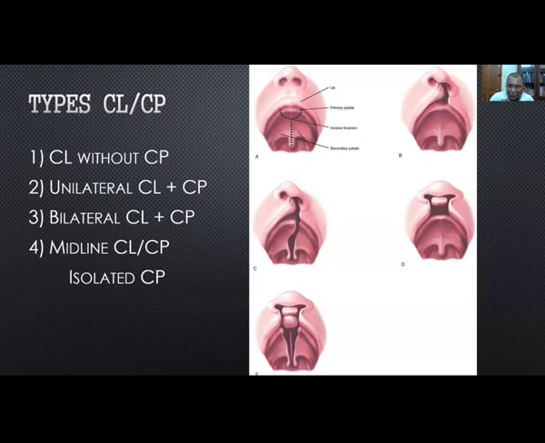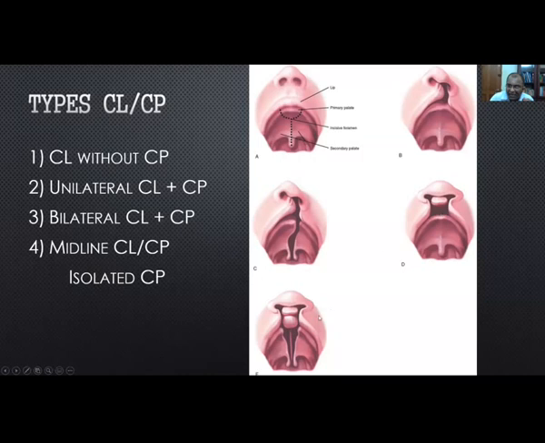We don't need to go into the types. What is more important is how well you describe the cleft. Whether the cleft just involves the lip alone and the palate is spared, whether it involves the lip and the palate, whether it's unilateral or bilateral.